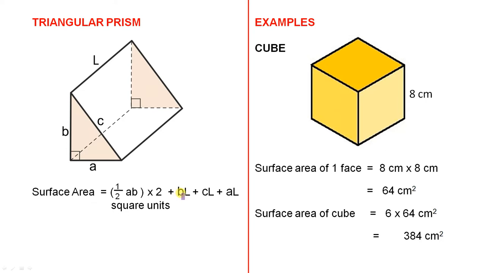And then we have BL, which is that face there at the back. We have CL, which is this slope here. And then we have AL, which is the base. So when you add all those together, that gives us the surface area in square units.